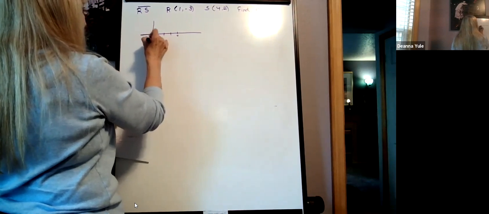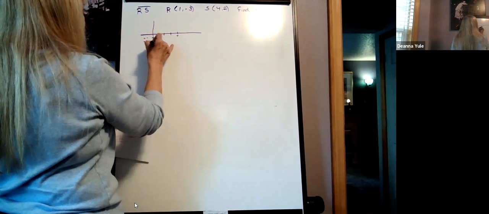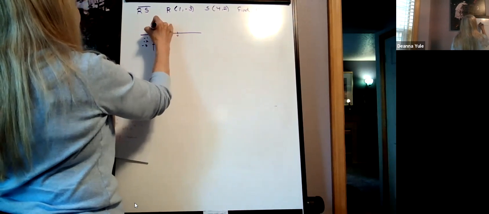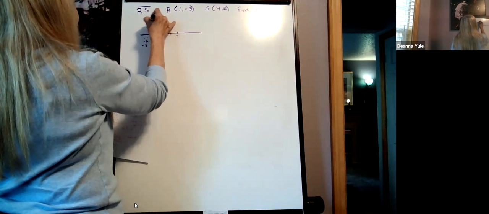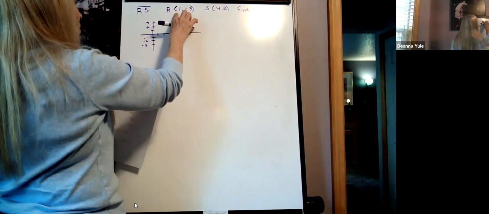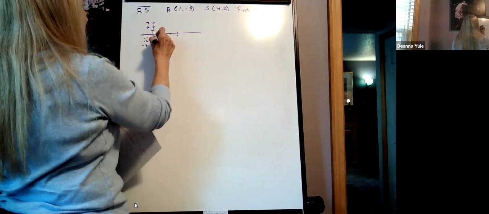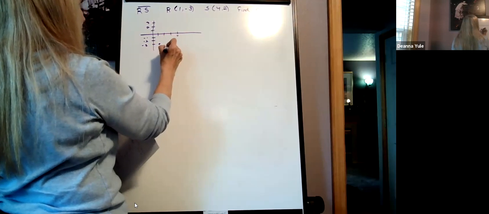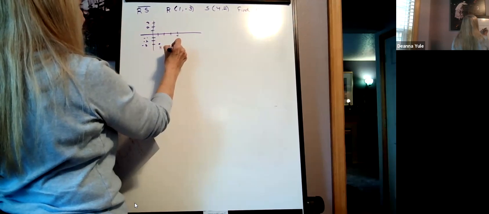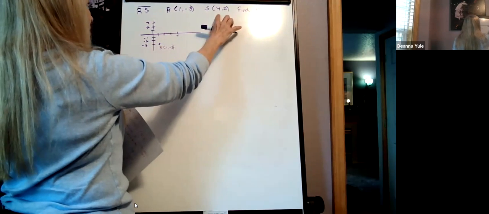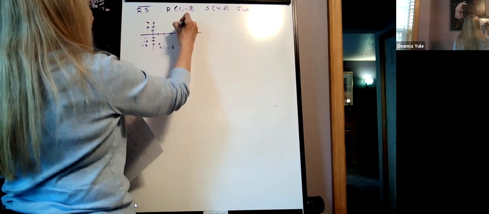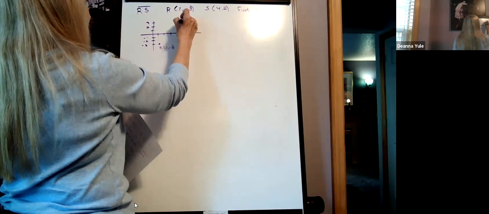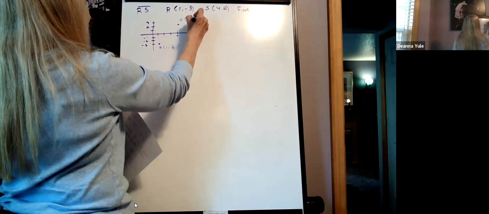Here's -1, -2, -3. Here's +1, 2, 3. So 1 and -3, I go over to 1, I go down 3. This is my point R, and I could write this as 1, -3. And then S is my point 4, 2. Here's 4, go up 2. So this is point S, and it is 4, 2.